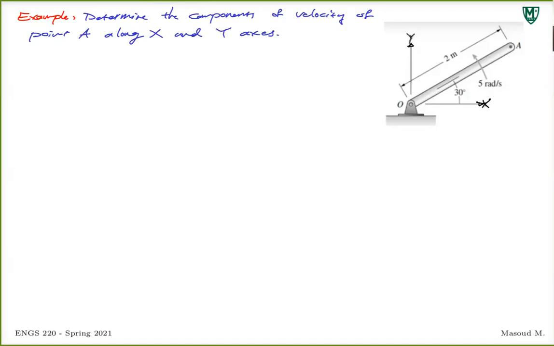I have to decide where to put my local frame. Now, point O seems to be very promising, right? I can either put it like this along my global frame. Nobody is telling me this is not allowed. Or I can do it this way. I take X along the bar and Y in this direction.